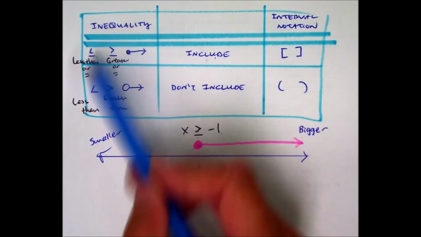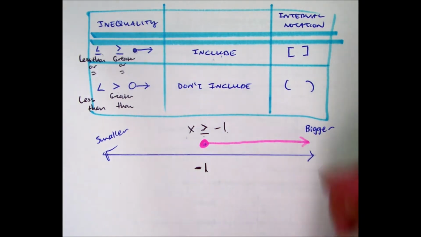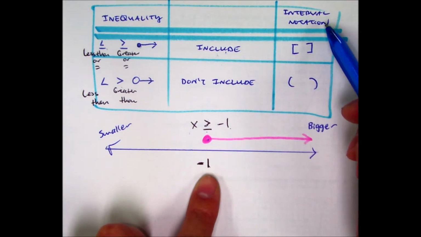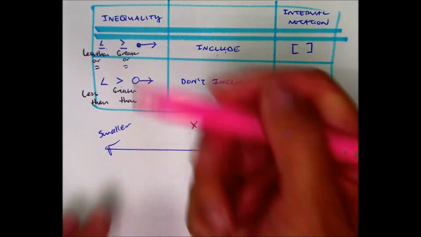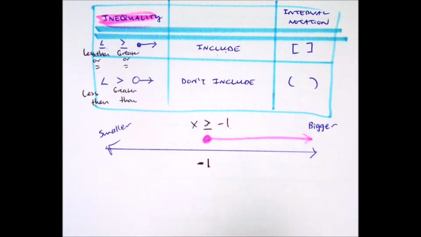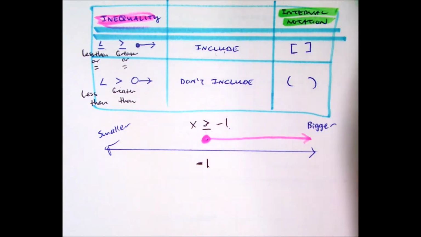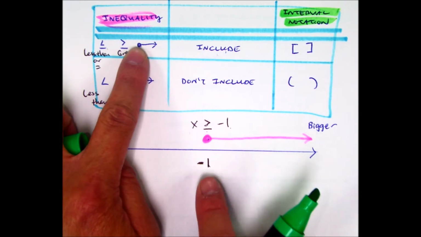Okay? So that was an example of inequality. That's like the Algebra 1 pre-algebra idea. Now we're going to add this idea of interval notation. So inequality, I did it in pink. Let's do now interval notation. Instead of having a closed circle, which symbol am I going to use?